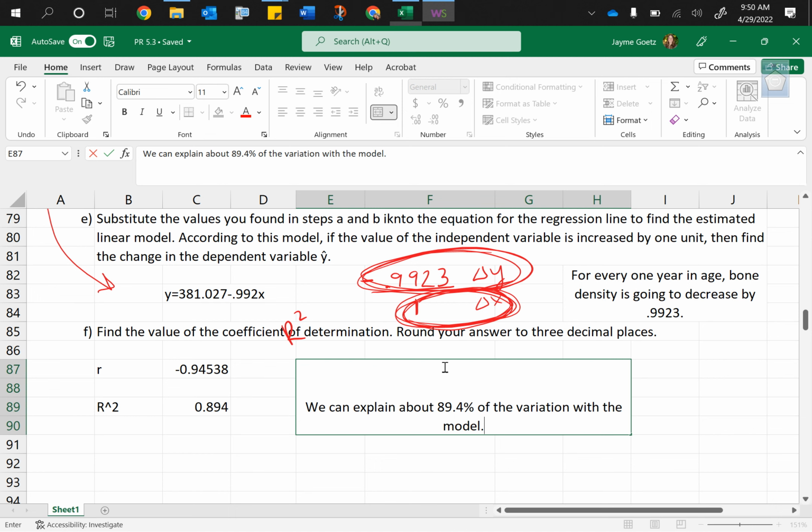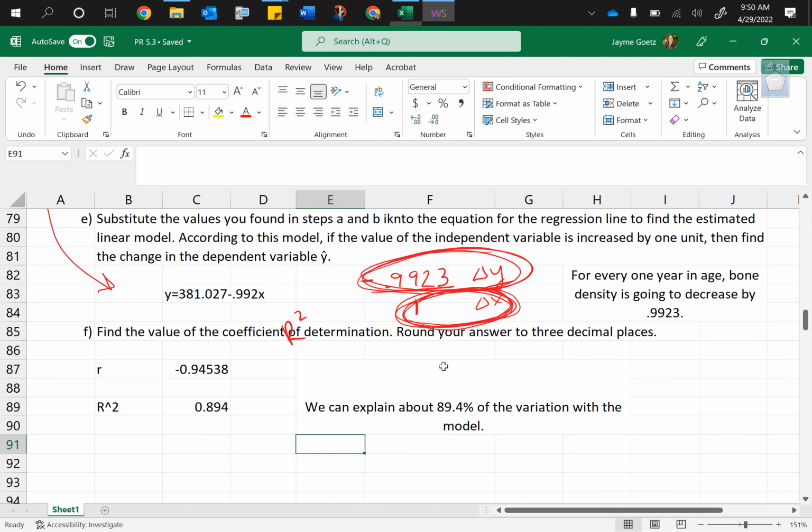Okay? That means with the model that we came up with, my equation that I came up with, we can explain about 89.4% of the variation. Okay? That's really pretty good. There's not very much that's not explained, that's not accounted for. That's a pretty close model is what that's saying. Okay? All right.